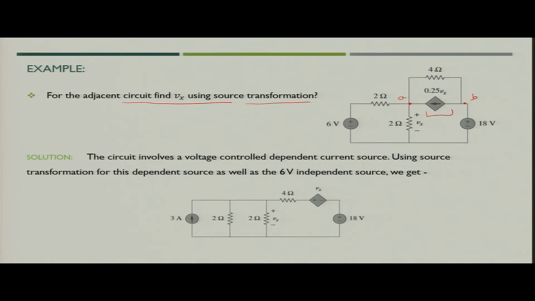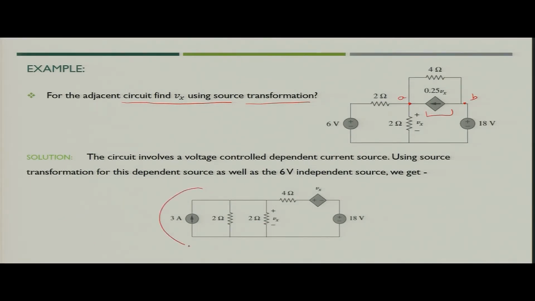So, this can be converted into an equivalent voltage source Vx in series with the 4 ohm resistance, because Vs is nothing but Is into R. So, if you multiply, you will get Vx as a voltage source in series with the 4 ohm resistance, and we have to find the voltage Vx across the 2 ohm resistance.